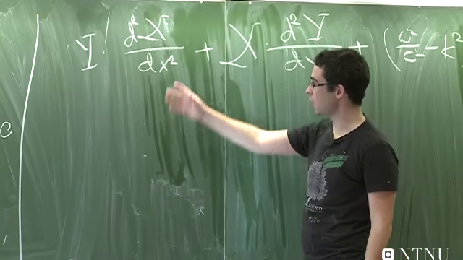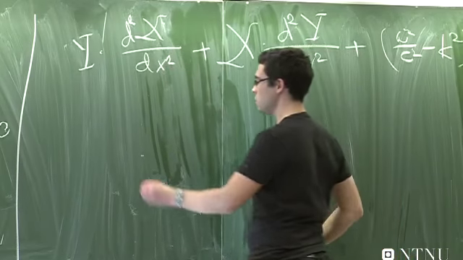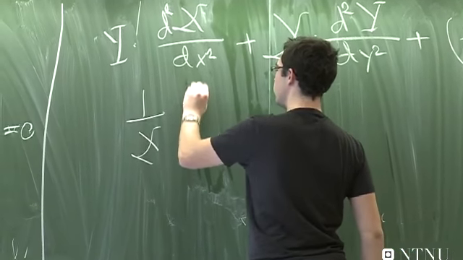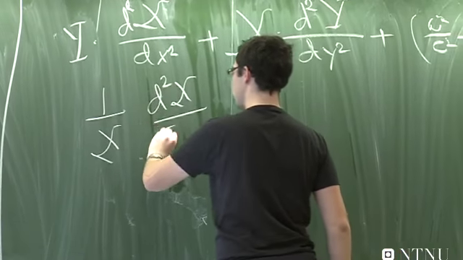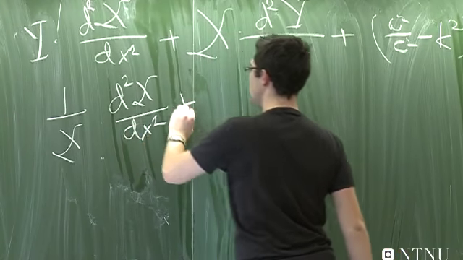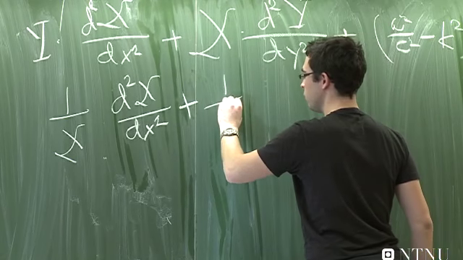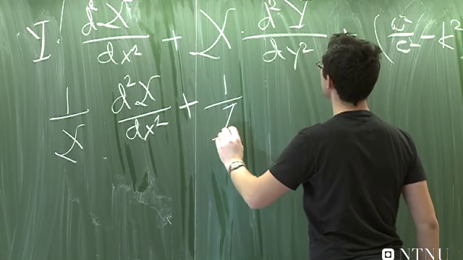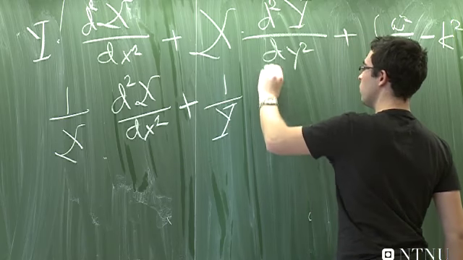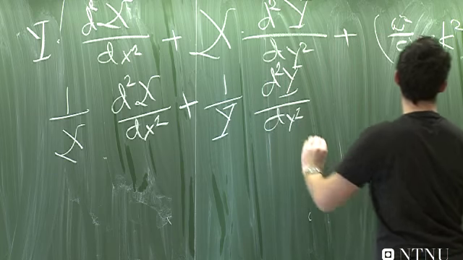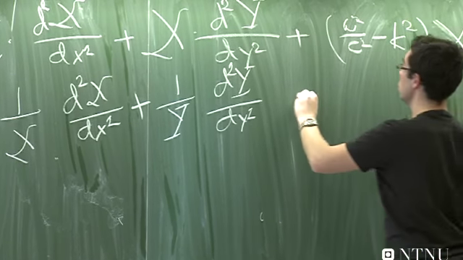So I will get a term here, which depends only on x. I get a term here, which depends only on y. And I get this term, which is constant.